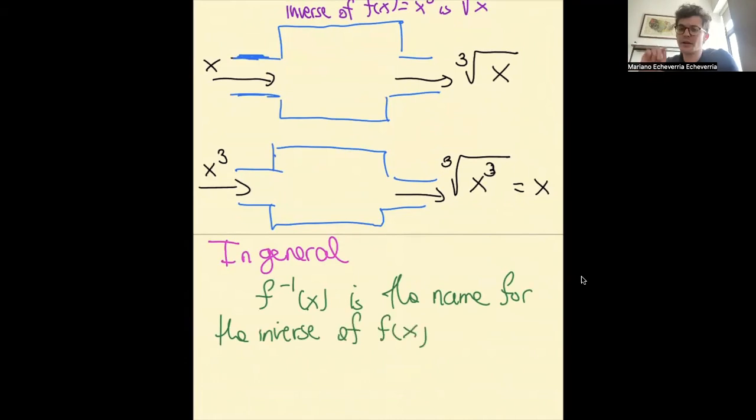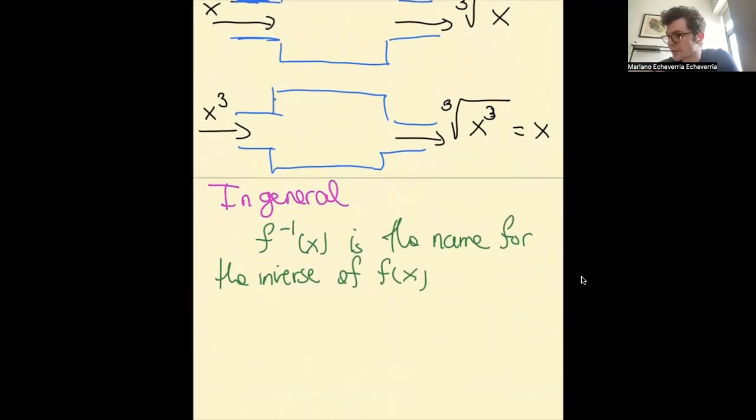Yeah, this can be confusing. It should not be confused with 1 over f. Okay, so this is important. Of course, it can be confusing.